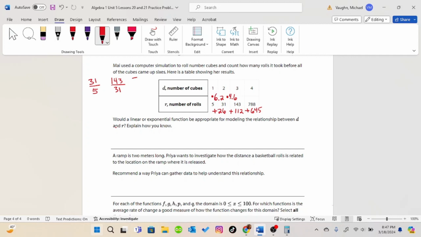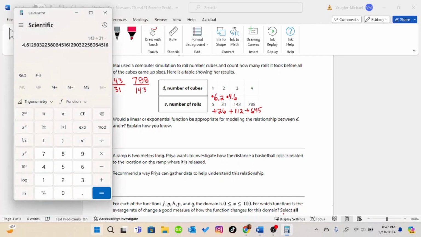And lastly, divide 788 by 143. And you get approximately 5.5.